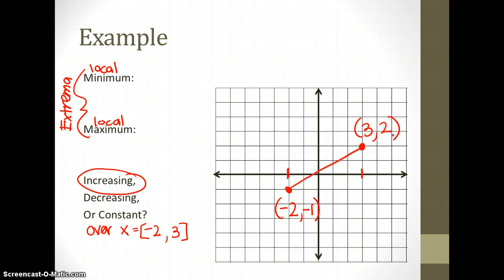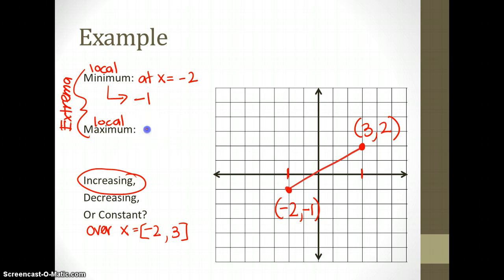These are pretty easy to identify, but when we're talking about minimum and maximum value, we're not really just talking about the point, you're talking mostly about the y value. So the minimum value is at x equals -2 and is actually equal to -1.